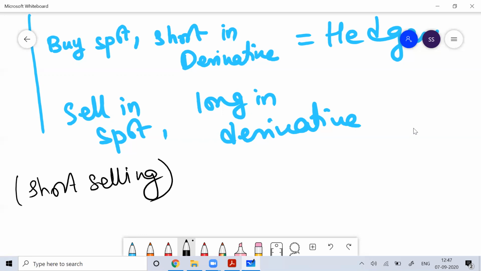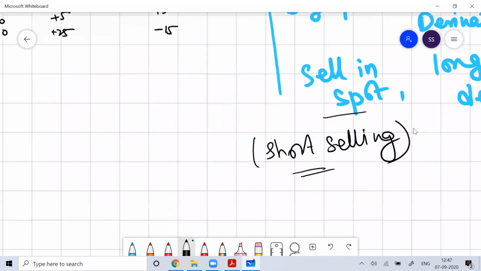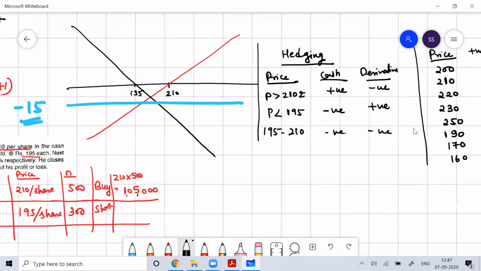So you can start booking profit by selling in the market gradually, and then buy in the future when the market falls to a very low level. You can do that on a 1 day basis, and that is called short selling. So you sell first and buy later on. You can do that for hedging purposes. Just an example for your knowledge.